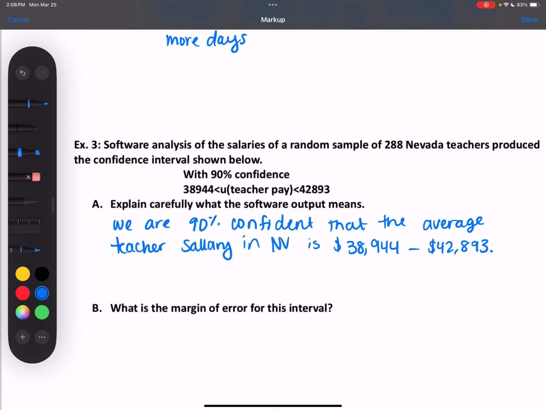So, what is the margin of error for this interval? Or maybe you should tell me how you find it instead of just giving me a number. Okay, so we're doing t star, right?